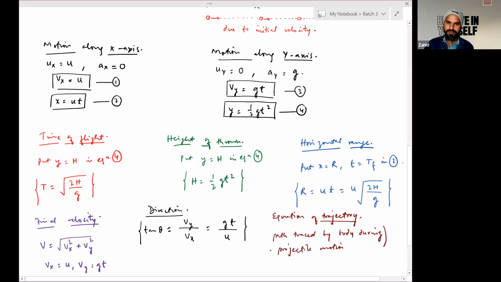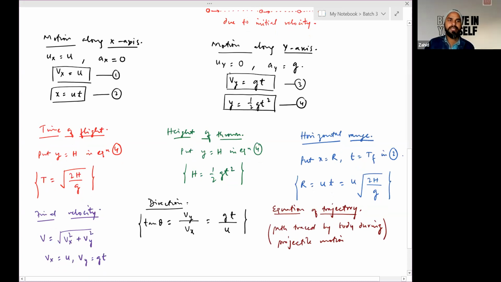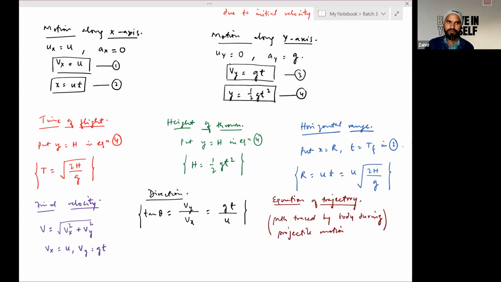So to define this, we need an equation having x and y coordinates only. So just see equation 2 and equation 4; if you relate them and try to remove t, we can write from equation 2, t will be x divided by u.